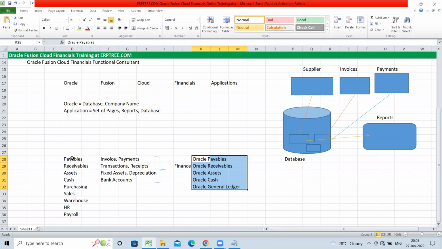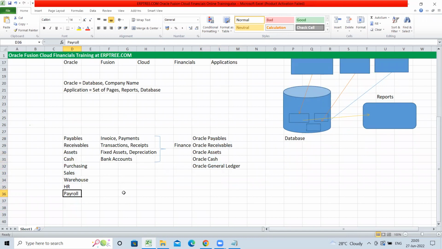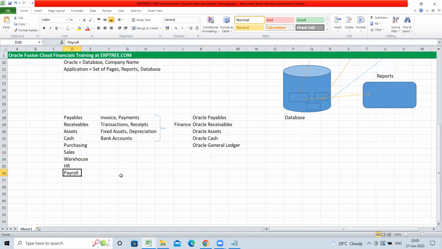That's how the departments are grouped into different families. These four you can group and say they are finance related departments. You can group HR, payroll and other applications as human resource management applications. Like financials, there are different families.